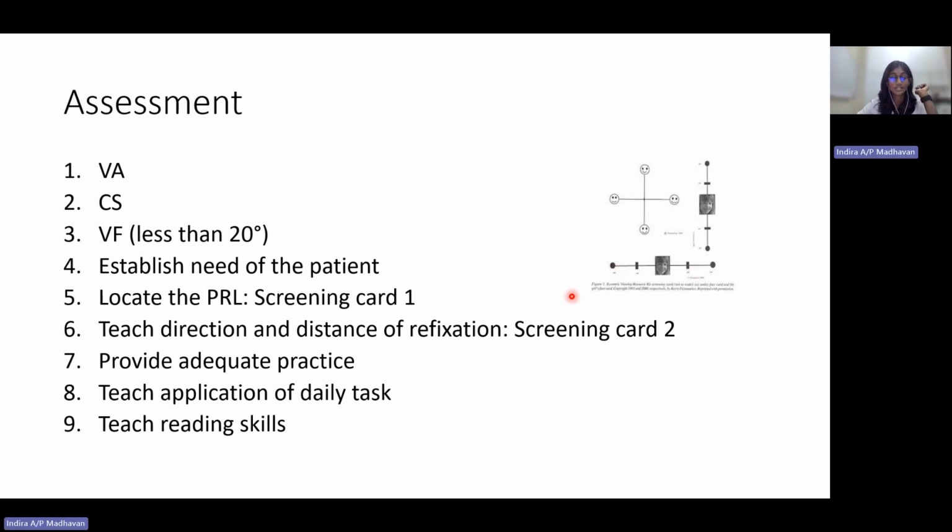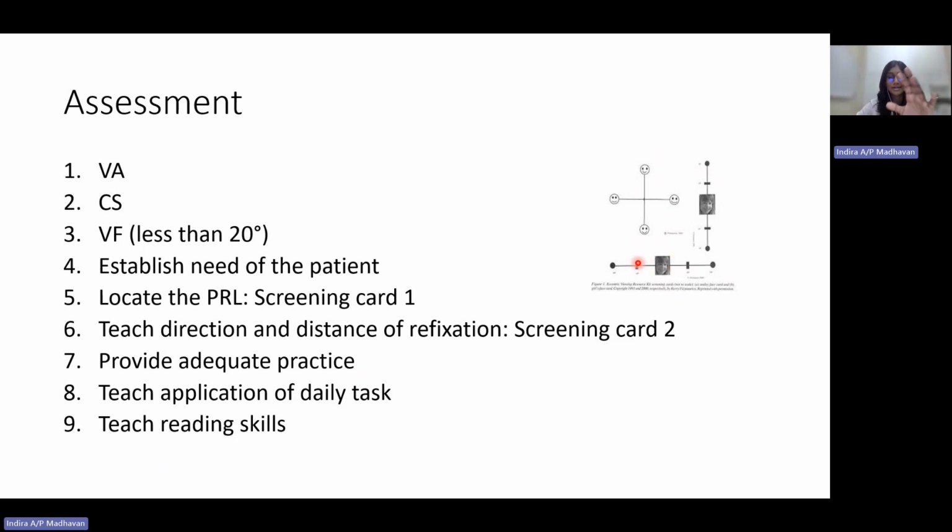Basically, this training is to apply practically what they learn. They try to move and make this face clear, every day.